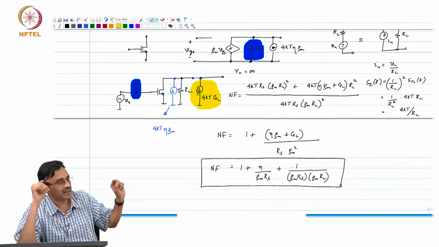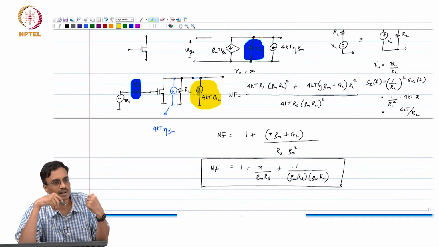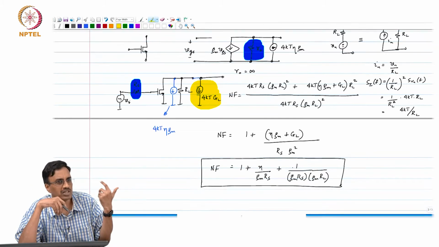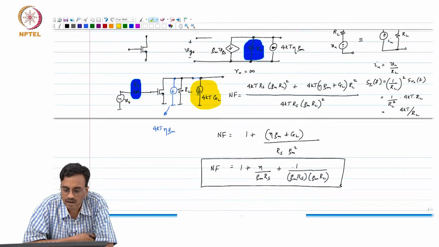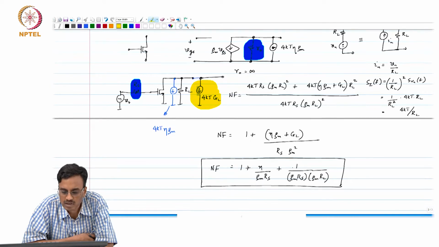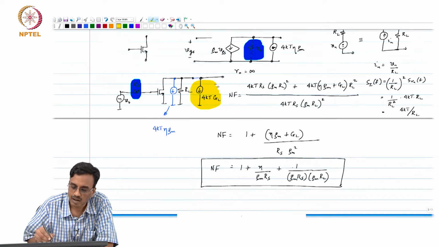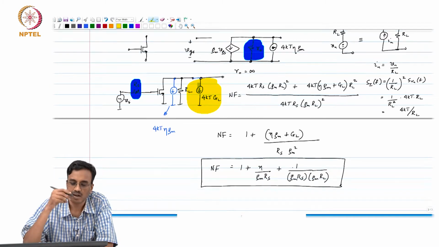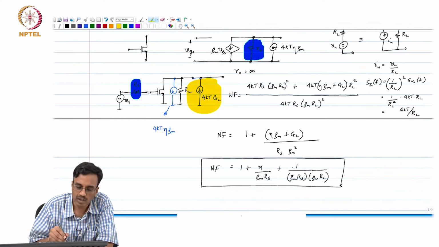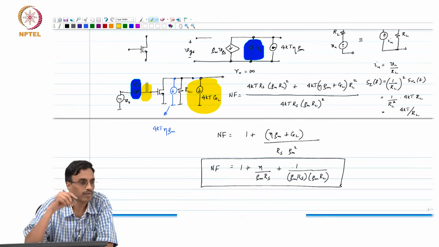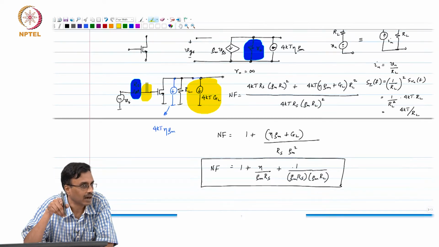Whatever disturbance there is in the drain current has to be divided down by GM, right. And so, if you are looking at the output voltage, this current will have a gain of only RL, whereas a voltage here will have an effect of GM times RL.